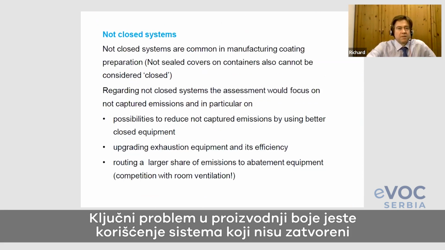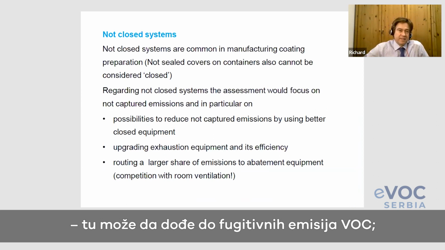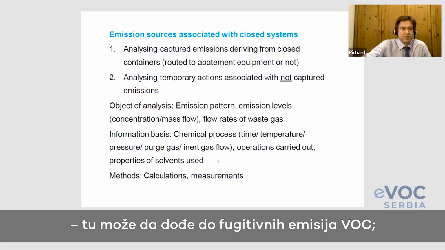I skip a little bit of the things here because you will get it anyway. But the core problem in paint manufacturing is the application of not-closed systems. That is exactly where the VOC can be emitted, fugitive, but of course there are VOC emissions.